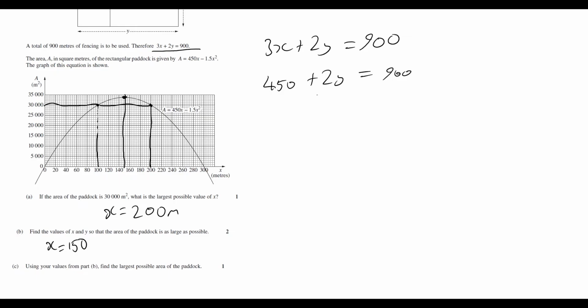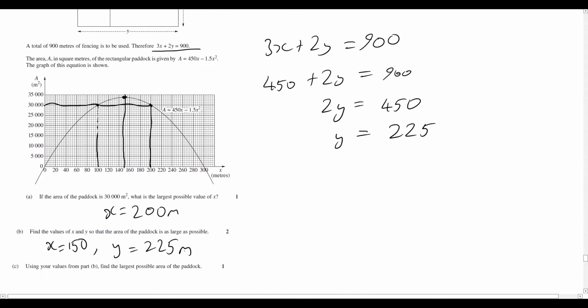And now subtracting 450, we find that 2y equals, again, 450. And now divide by 2, and we find that y is equal to 225. So we'll go ahead and write that in next to our answer down the bottom. So x equals 150, y equals 225, and again, meters.